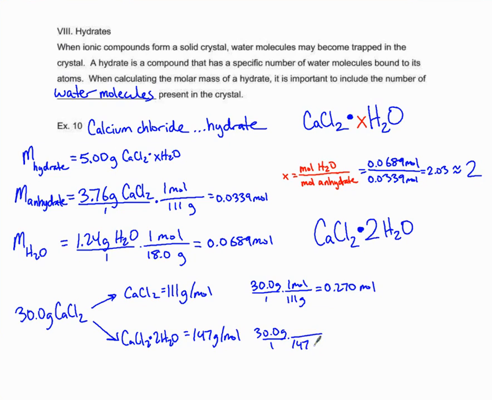If we convert this mass that we measured to moles based on the molar mass of the hydrate, 0.204. These are different numbers. And so one of these numbers represents the amount that I thought I was adding, and the other number represents the amount that I actually added.